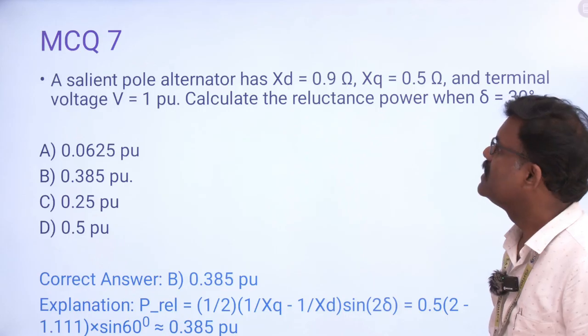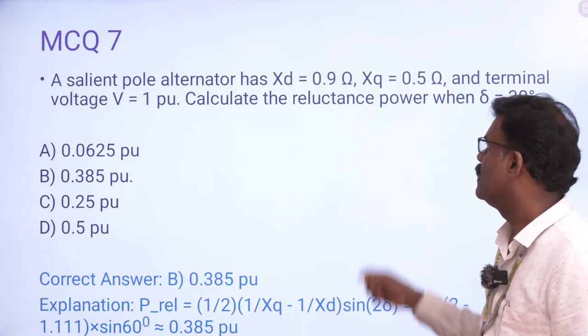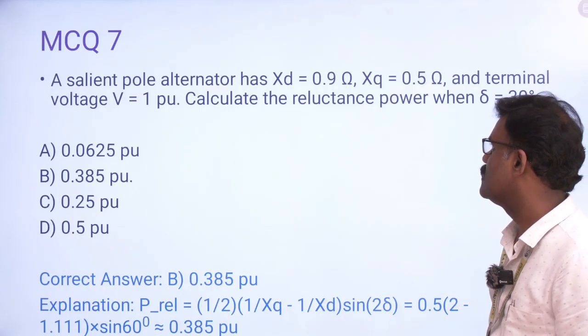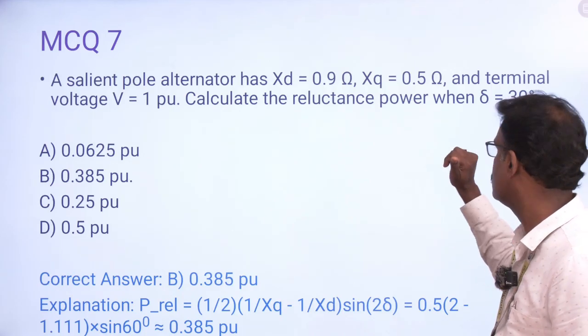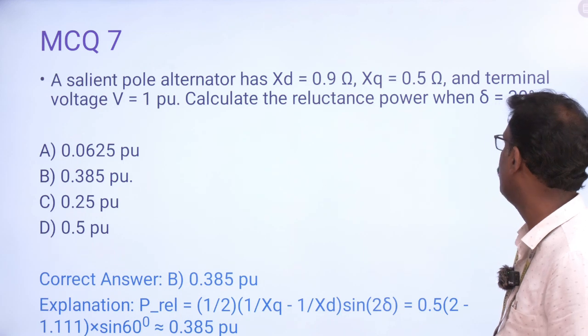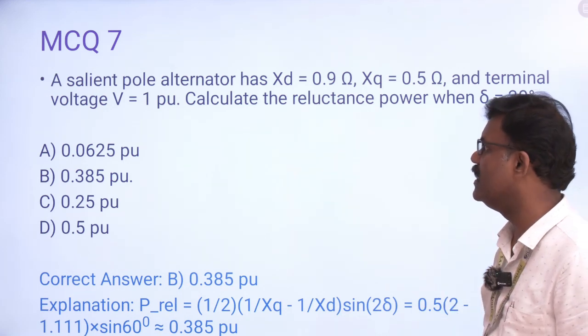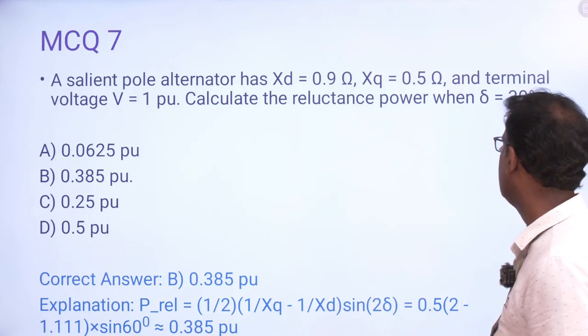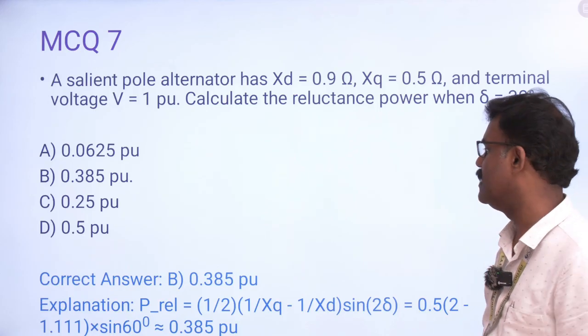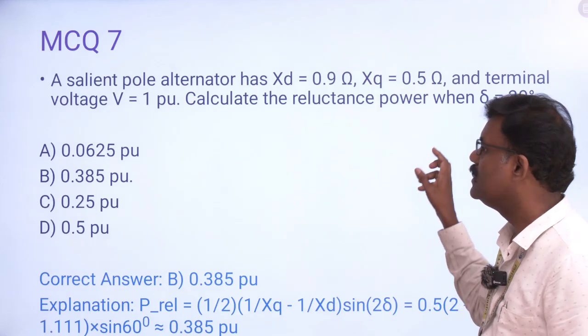The next question: a salient pole alternator has direct axis reactance of 0.9 ohm, quadrature axis reactance of 0.5 ohm, and terminal voltage V equal to 1 per unit. Calculate the reluctance power when delta is equal to 90 degrees. We can use that formula.